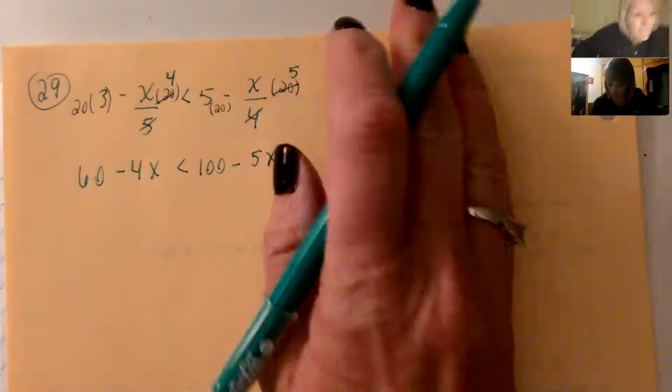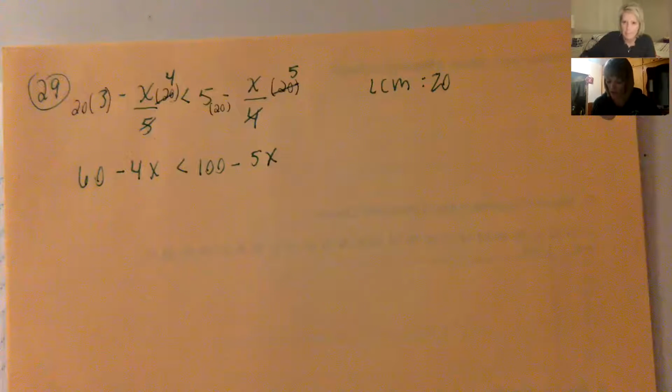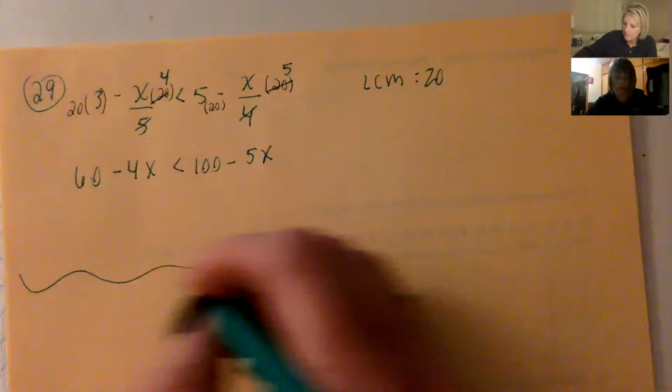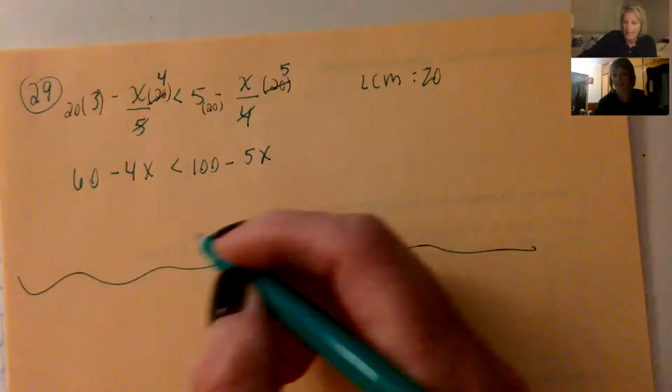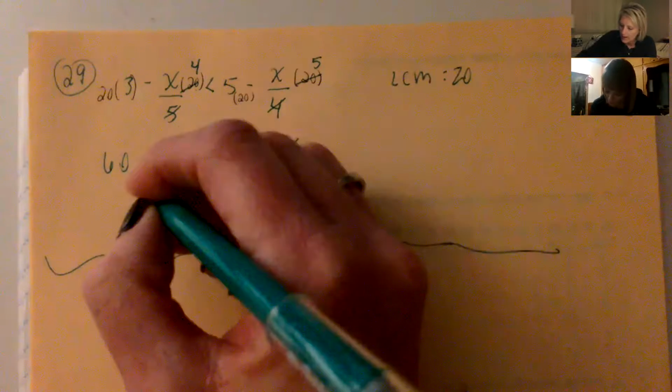So it's 60 minus 4x less than 100 minus 5x. So it's not as hard as it looks. And then again, we're going to put the x's on the left. So let's add 5x.